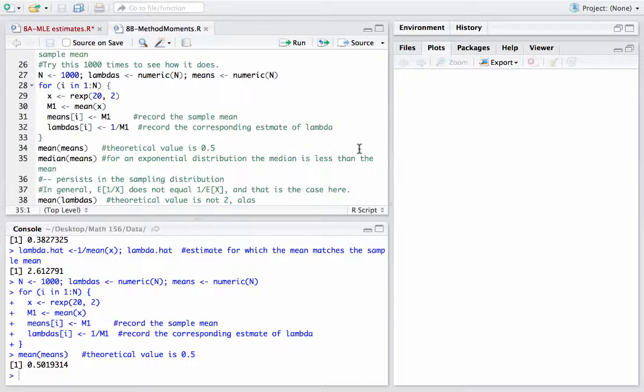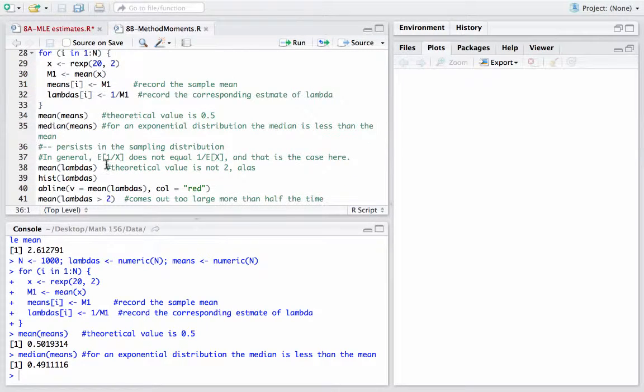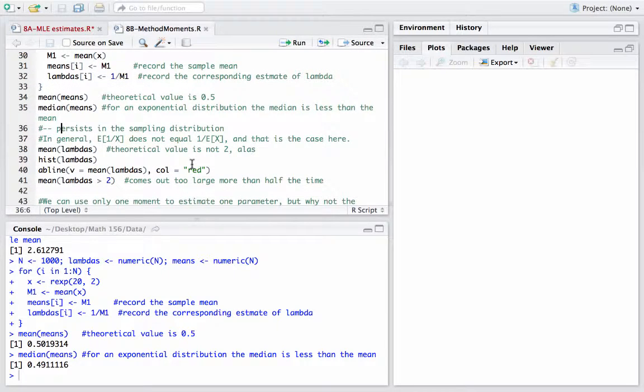So our average value of the sample mean was well concentrated around the theoretical value of the expectation for an exponential distribution. And the median is there too. Paul points out that the median is going to be less than the mean. This is another way of saying that the distribution has a right skew. But in general, the expectation of 1 over x is not the same thing as 1 over the expectation of x. This came up during our midterm presentations, and of course it's the same here.